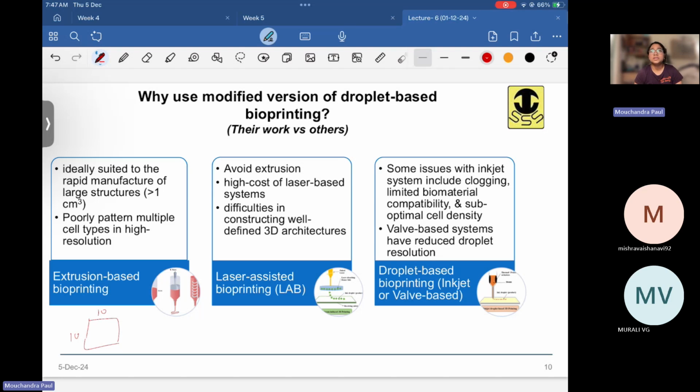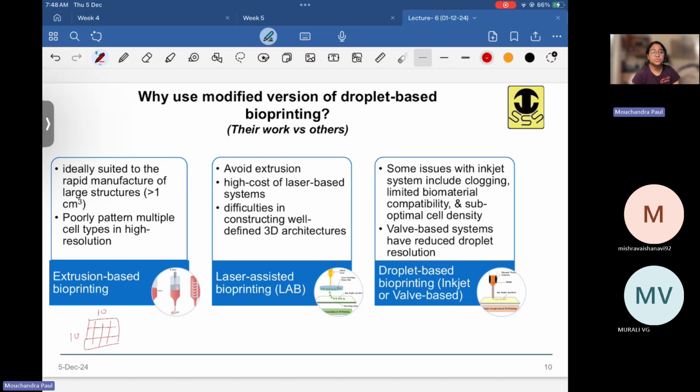Another way to pattern is you can make crisscross patterns. Let's say these vertical lines correspond to one cell type, and the horizontal lines correspond to another cell type. In this way, you can pattern two cells in one layer itself. This design that I drew inside is called infill pattern.